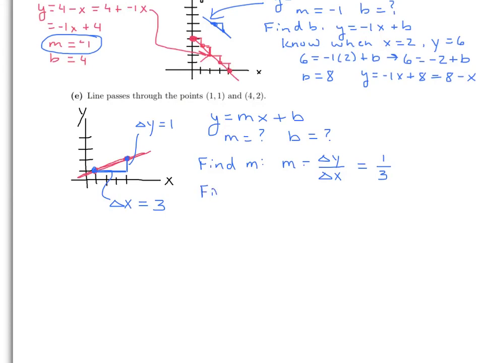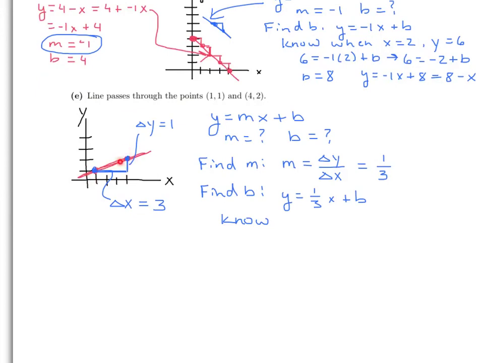Now we want to find b. We know right now that y must equal 1/3 x plus b, and we also know two other facts about this line. The line passes through 1, 1, and it also passes through 4, 2. These are input-output pairs for this function. In other words, when x is 1, y has to be 1.